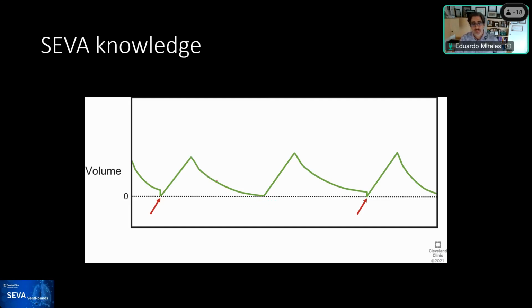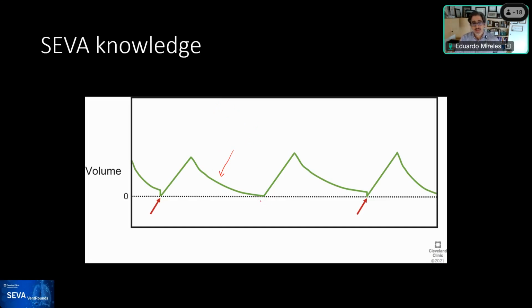So this one is the mirror image, but in reverse, of the flow. One of the tricks, and we mention this very often, is that this waveform is essentially an amplification of the flow waveform. So sometimes when you cannot see things on the flow waveform, come and look at the volume waveform. That's one of the tricks.